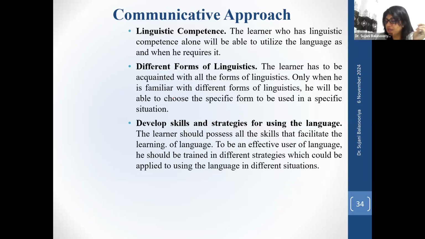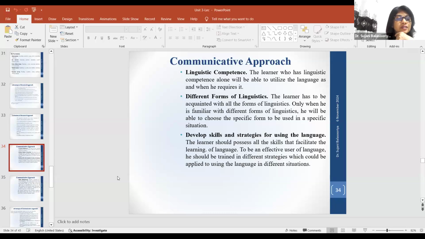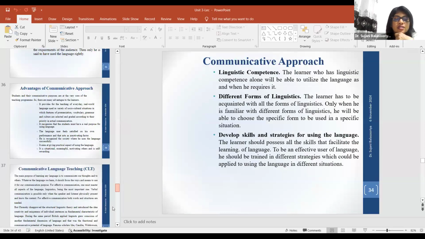Today our time is over now, so I'm going to wind up the discussion, and the next day I would continue with the communicative approach. You can see the coming topics here: advantages, CLT, eclectic, and these strengths.